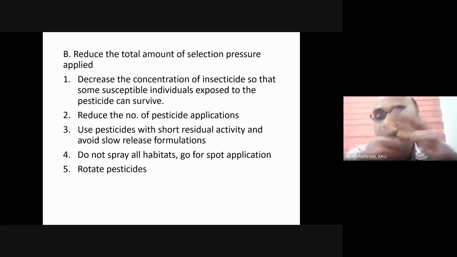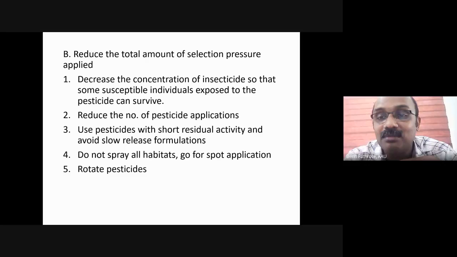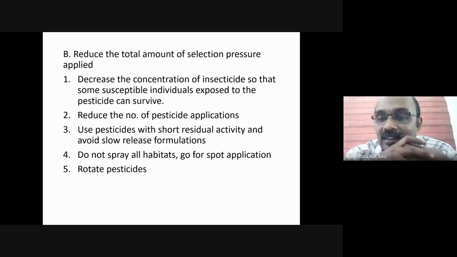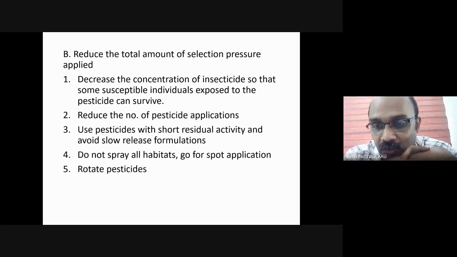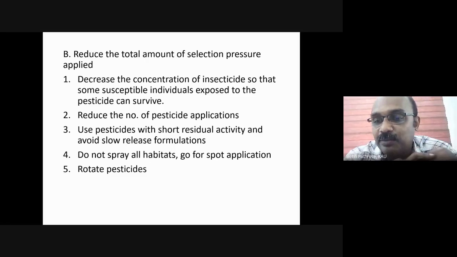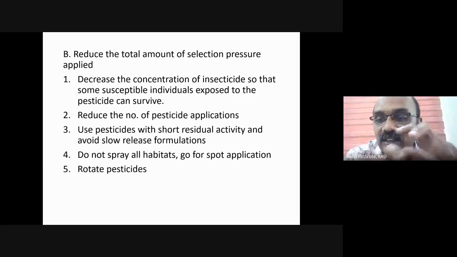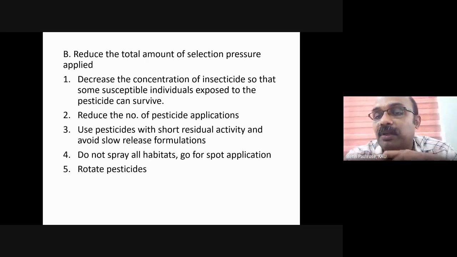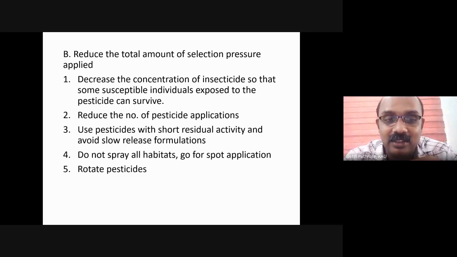Go for spot application. That means refugia. In BPH and rice leaf folder management, we advise spot application, only in those areas where leaf folder or BPH is present. That way we can prevent the mortality of insect natural enemies.